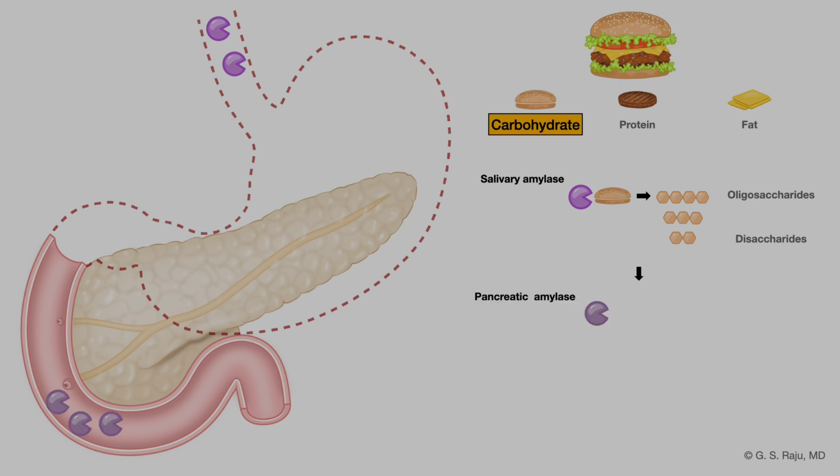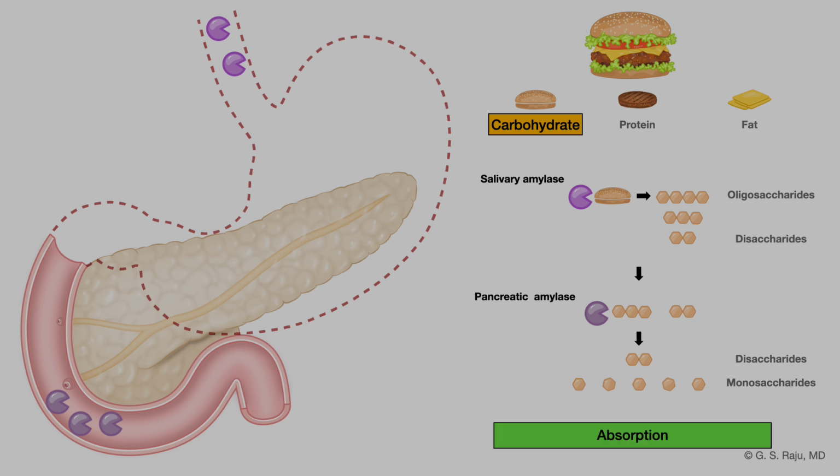And what pancreatic amylase does is it acts on the oligosaccharides and disaccharides, products of salivary amylase action, and converts them into disaccharides from oligosaccharides and from disaccharides to monosaccharides. And these are absorbed by the intestinal villi in the jejunum and in the small intestine.